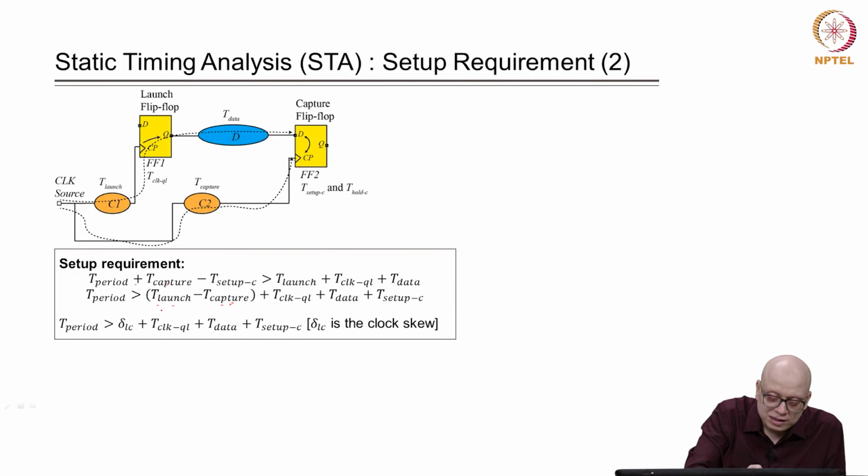So, now the term T launch minus T capture defines the difference of the arrival time of the clock signal at this point and this point.